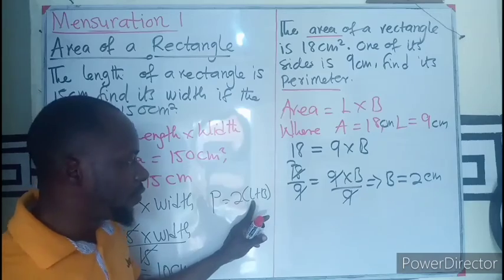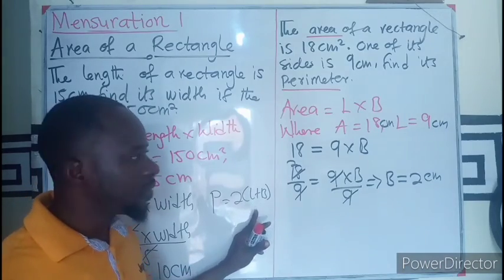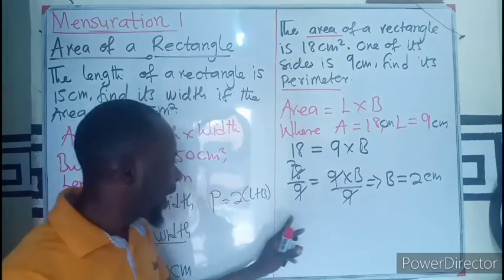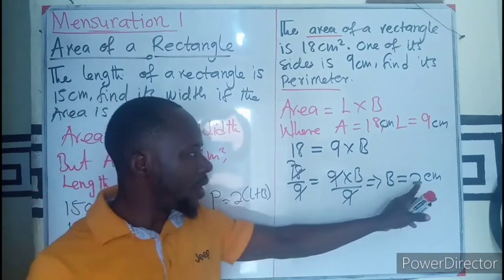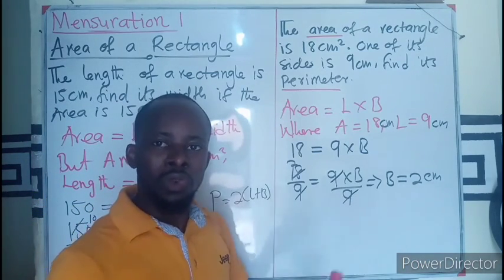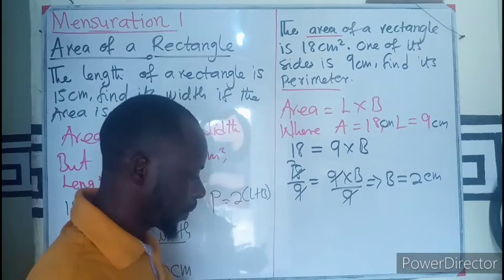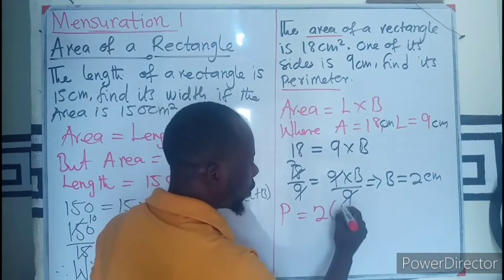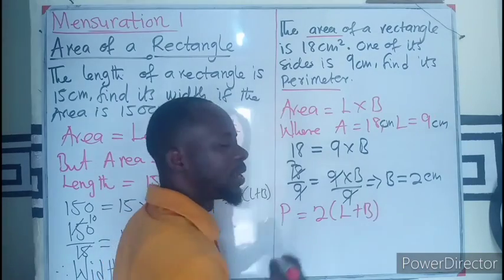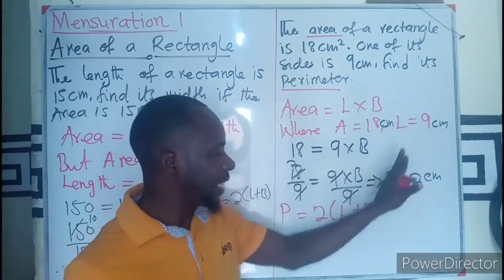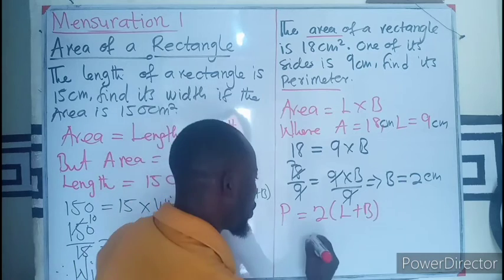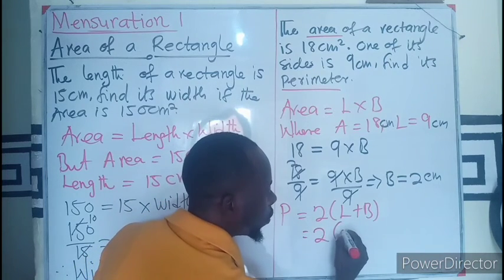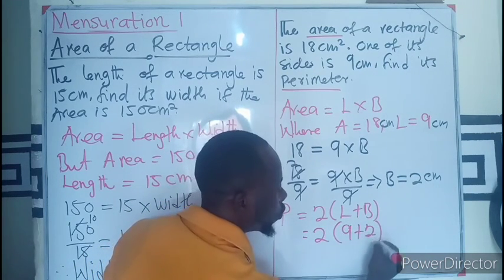So what I am looking for is the perimeter. The length, which I have as what? 9. And that of the breadth, which now I have derived as what? 2. So finding the perimeter, which is 2 times L plus what? B, where the L is 9 and the B is 2, becomes 2 times 9 plus 2.